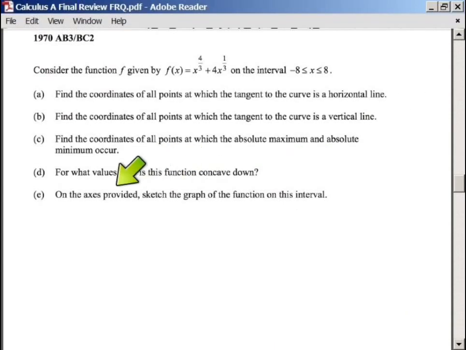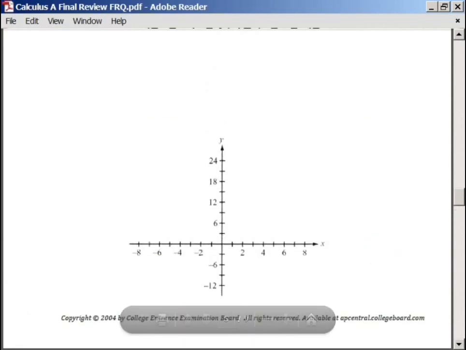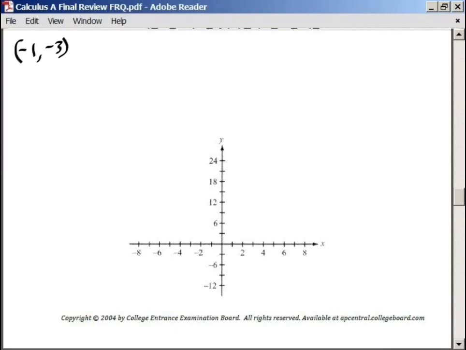Alright, for the last part we have to use all the information that we got and graph it on the axis provided. The axis provided for me is down here. So let me write down the information that was important that we just found. We found negative 1, negative 3 to be where we have a horizontal tangent line.